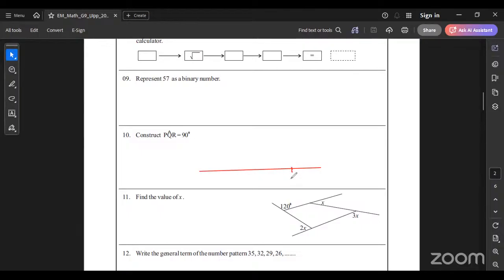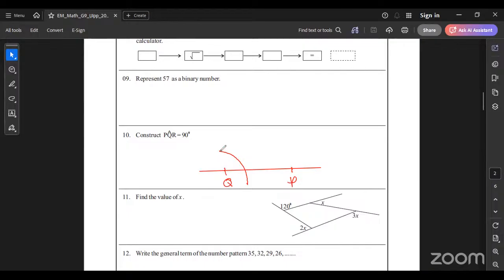You can start with P, Q, and R should be upwards. P, Q, R. Then how can we construct, how can we create a 60 degree angle?